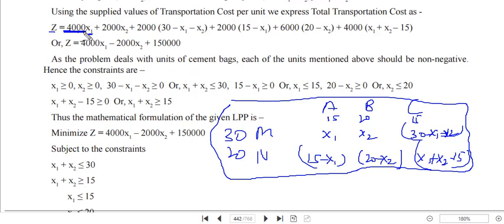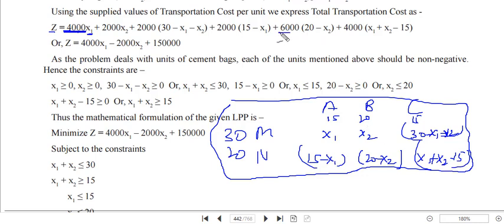So we have associated the table which I already explained to you with this. I have already explained why 4000 is coming. So 4000 into x1, 2000 into x2, 2000 into the remaining variable available here, 30 minus x1 minus x2, plus 2000 into 15 minus x1, 6000 into 20 minus x2, and 4000 into x1 plus x2 minus 15.